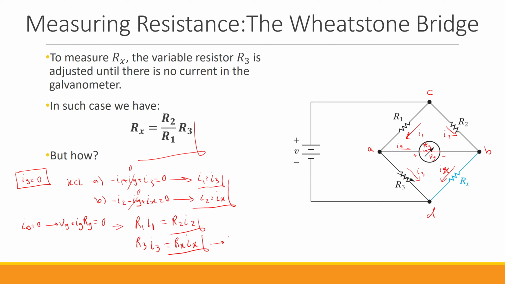Based on this equation, Rx equals R3 multiplied by I3 divided by Ix. Right? And based on the above equation, we know that Ix equals I2. So I just write it as R3 I3 divided by I2.